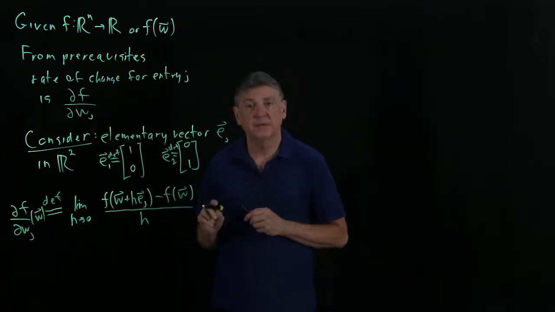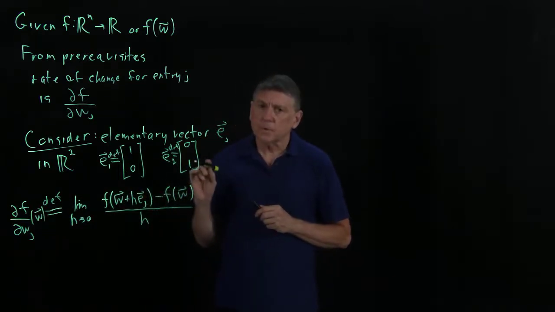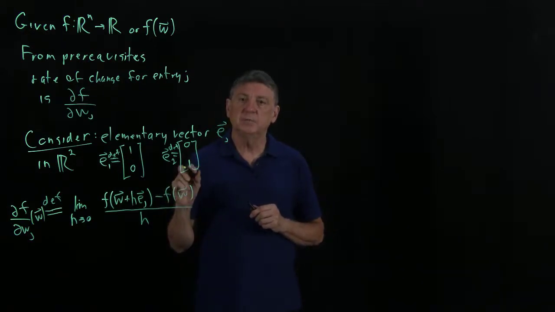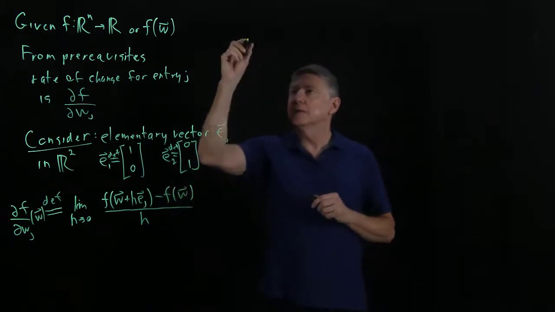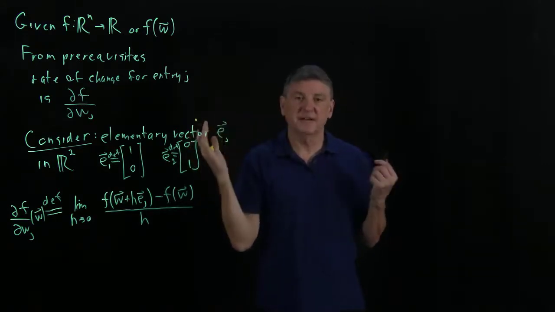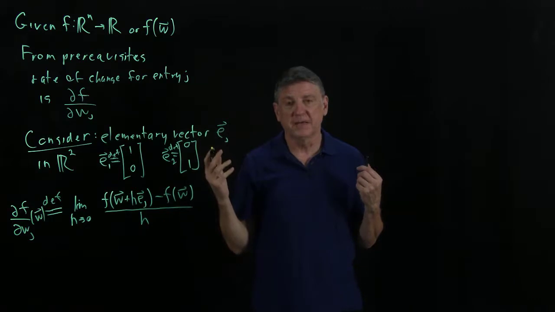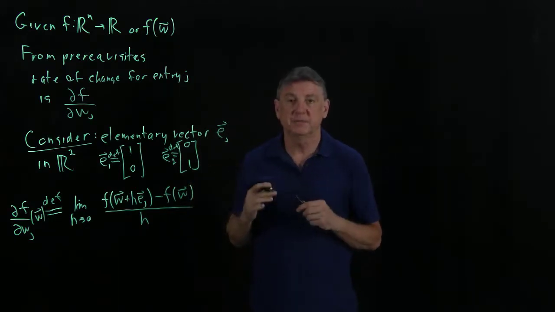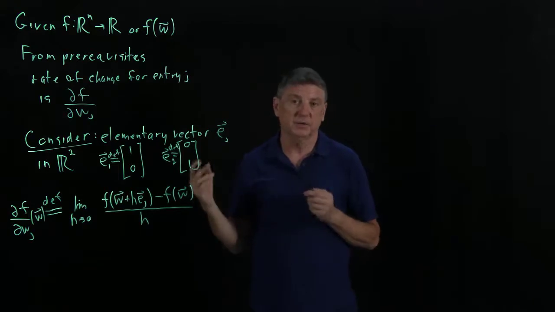When we have that, we can prove a fact. A fact to me is a theorem that I'm not going to prove because you can find the proof in multivariate calculus texts.